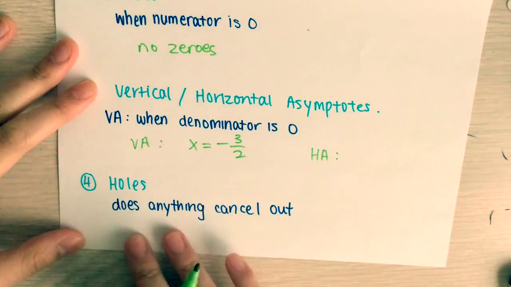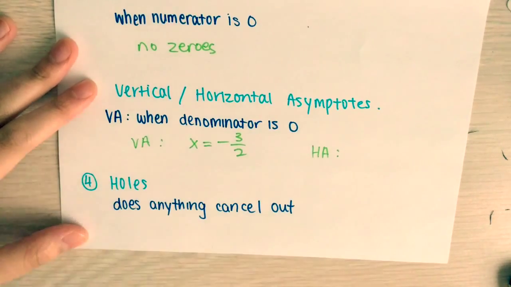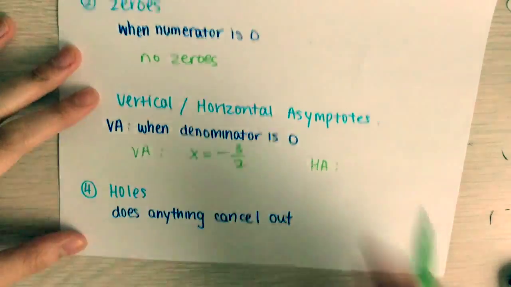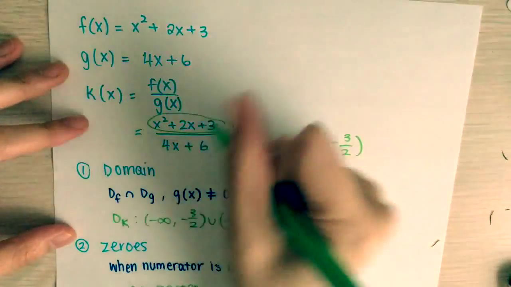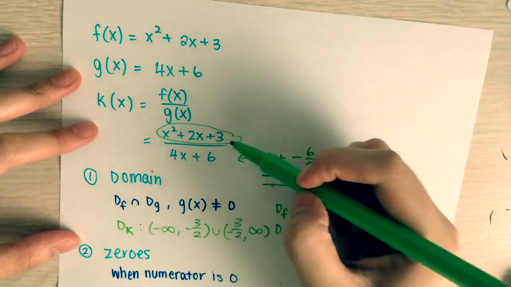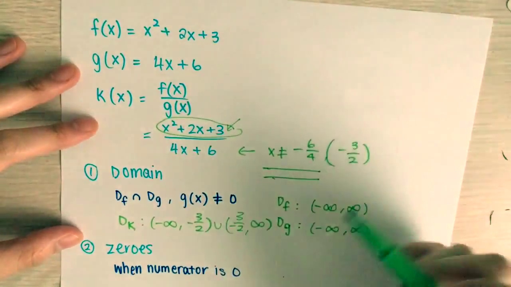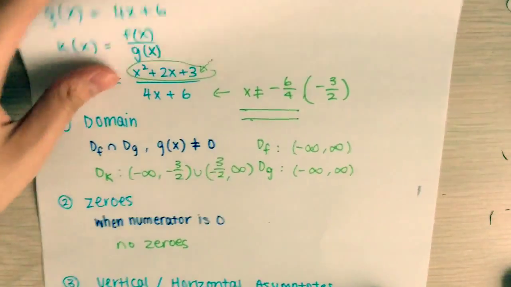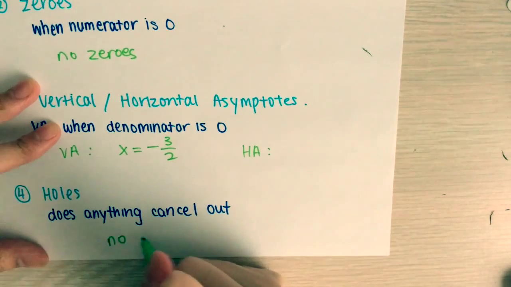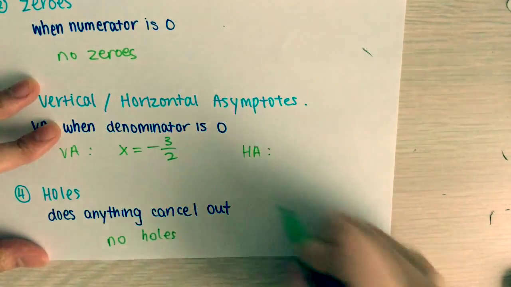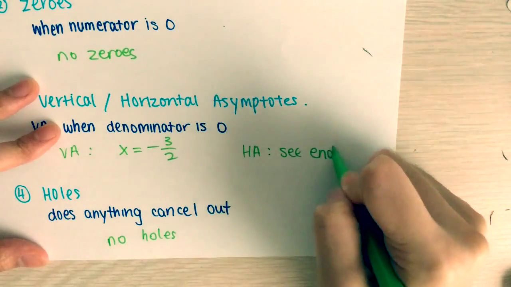And as for holes, does anything in the numerator and denominator cancel out? We don't see anything that cancels out here, well, this isn't factorable in the first place, so nothing really cancels out. So we're going to say that there's no holes. And this, see end of video.